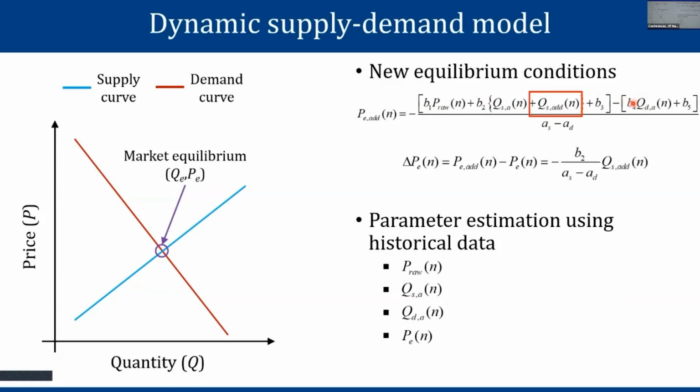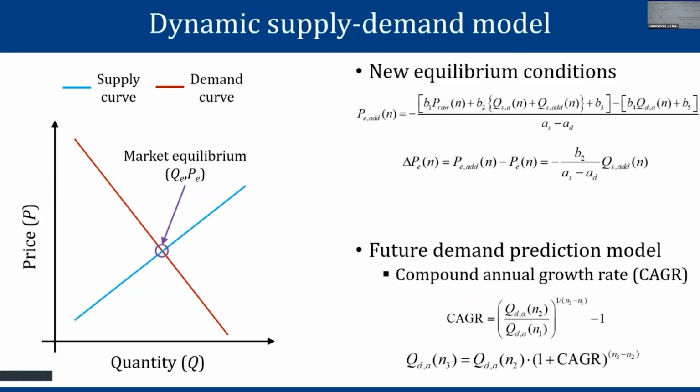To determine the optimal values of these parameters, we need to solve some parameter estimation problems using the historical data of, for example, the raw material cost and supply and demand of the product and the market price of the product.